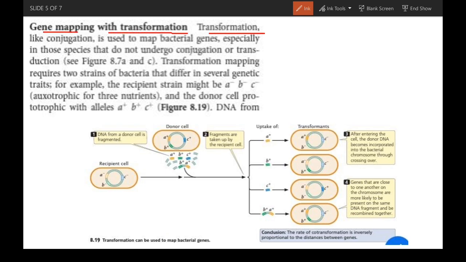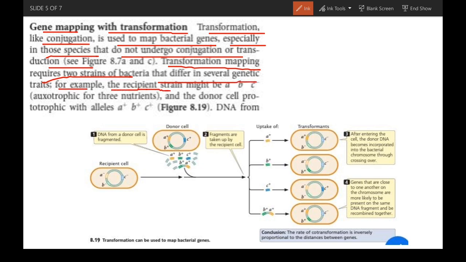So transformation, like conjugation, is used to map bacterial genes, especially in those species that do not undergo conjugation or transduction. Transformation mapping requires two strains of bacteria that differ in several genetic traits. For example, the recipient strain might be A minus, B minus, C minus, and the donor cell is auxotrophic A plus, B plus, C plus. So this is the example we are talking about.